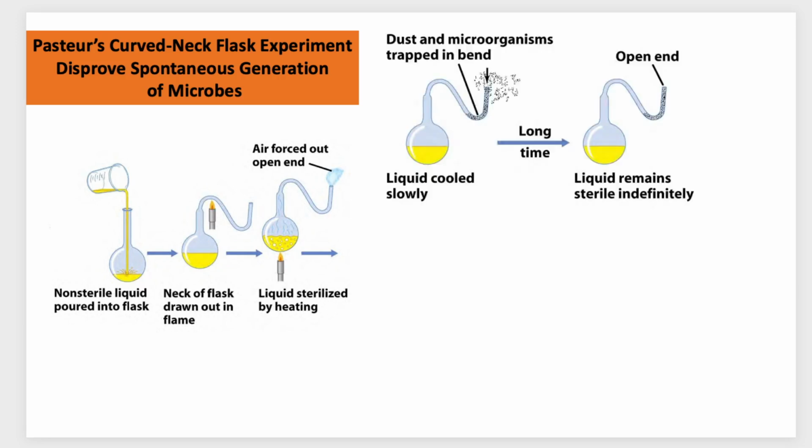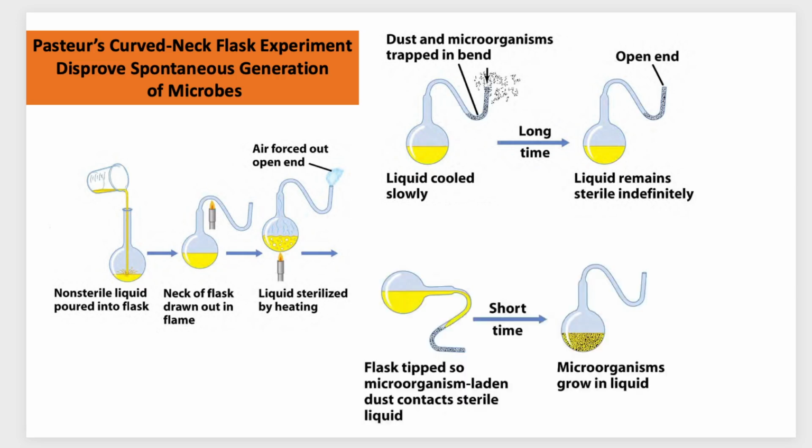Well, what would happen, because the neck was curved, any dust and microorganisms that may be in the air would get stuck in the curve of the flask. So when the liquid cooled, these dust and microorganisms would get in and get stuck. So the liquid always remains sterile.